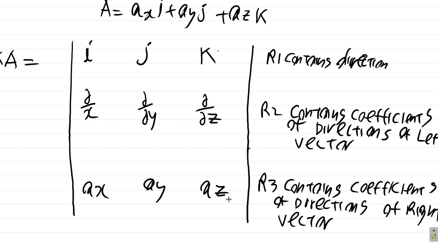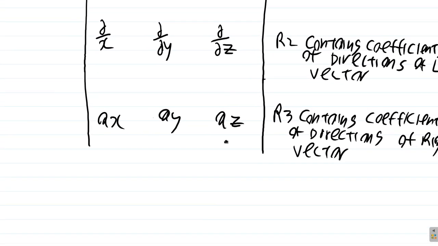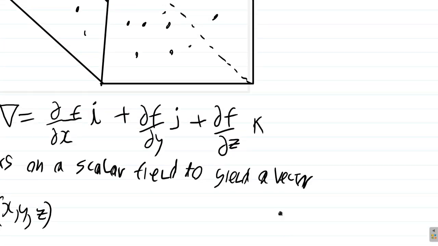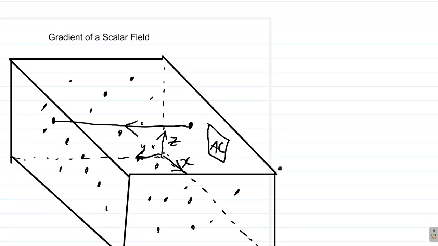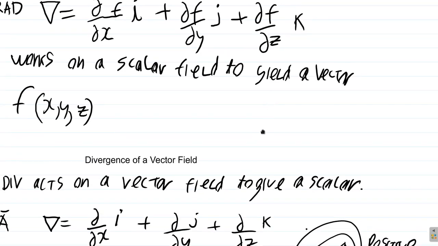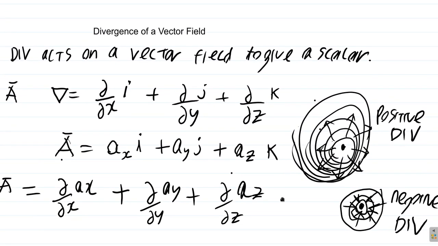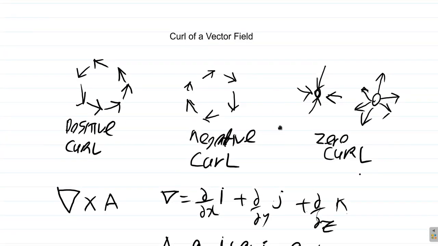Now that is the determinant that will give you the curl of the vector. So here, earlier we saw that gradient, or grad, acts on a scalar to give a vector. Divergence, or div, acts on a vector to give a scalar.